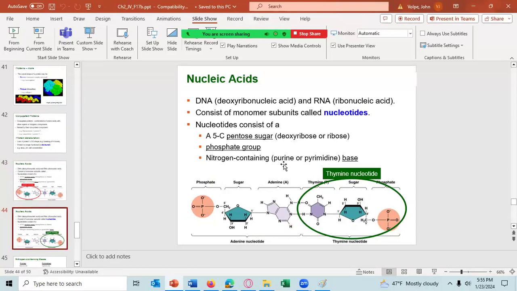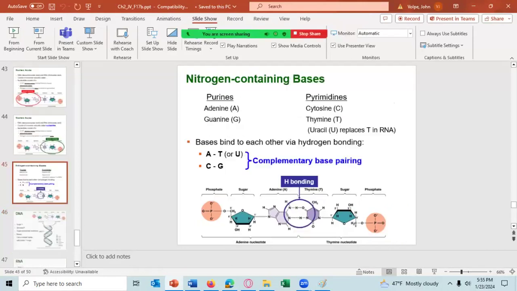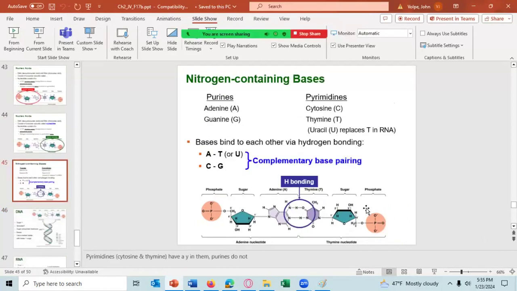Oh, here we go. The nitrogen-containing base can be a purine or a pyrimidine. The purines are adenine, or A, and guanine, or G. And I don't care how you know the names.